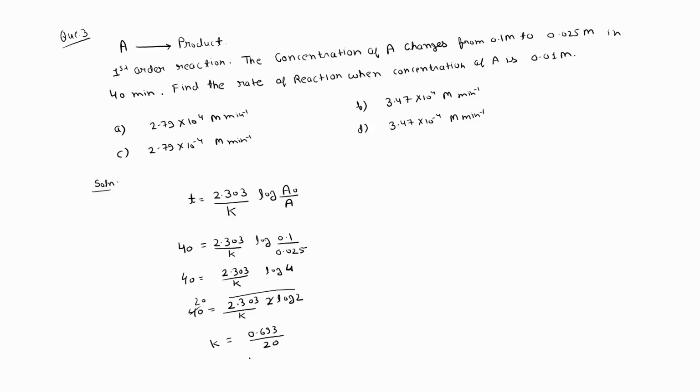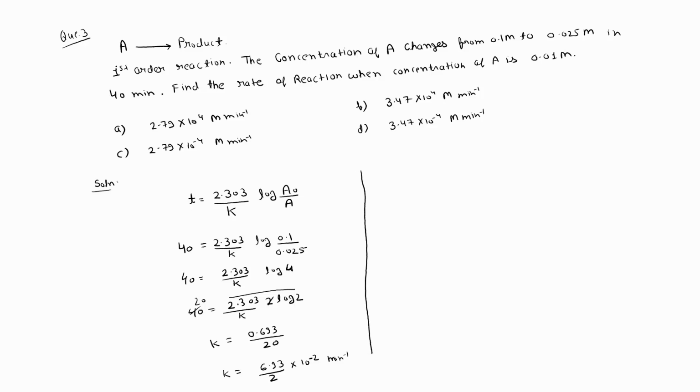So we can write K as 6.93 divided by 2 into 10 to the power minus 2, and the unit should be minute inverse, because for a first order reaction the rate constant unit is minute inverse. So we know the rate constant.